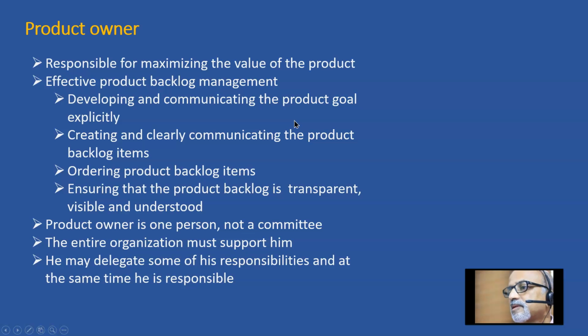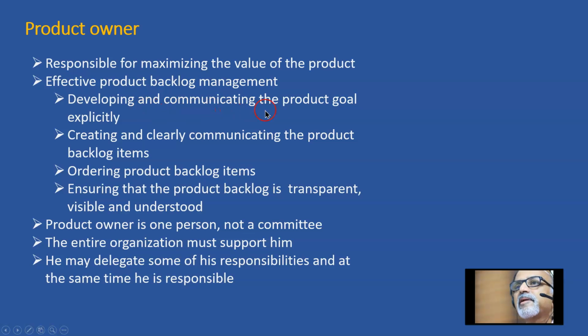So we discussed the team as such, then we discussed the development team. Now it's the product owner. Product owner is responsible for maximizing the value of the product. Effective product backlog management is another key responsibility of the product owner.